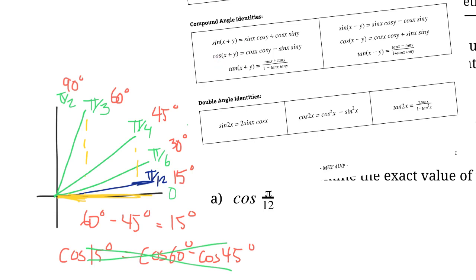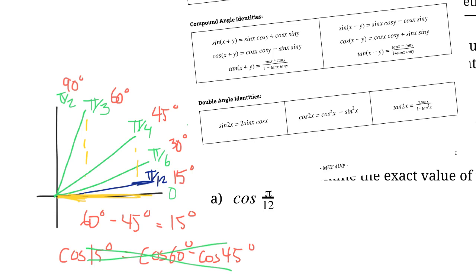Same thing goes for cos of x plus y, tan of x plus y, and then the same thing for all the subtraction ones. If we have a difference between two angles and we're taking the sine of that, we can represent it like this. We're not going to worry here about how to derive these things or where they come from. We're just going to worry about how to use them.